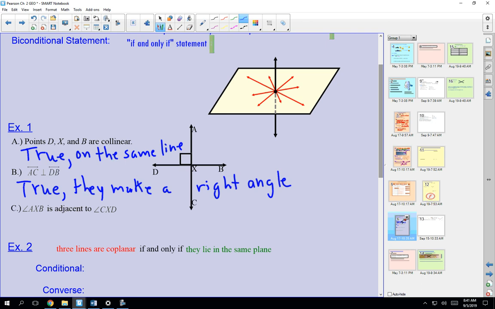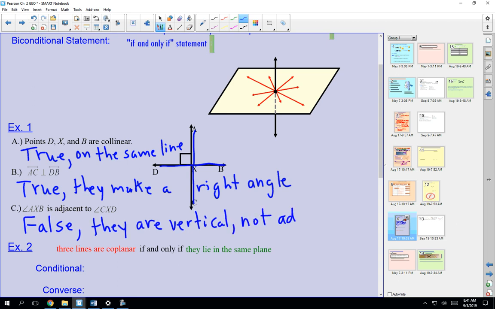No. AXB, let me outline here. AXB is adjacent to angle CXB. Vertical. Yeah, it's false. They're actually vertical. They can't be vertical and adjacent. Not adjacent. Can't be both vertical and adjacent.